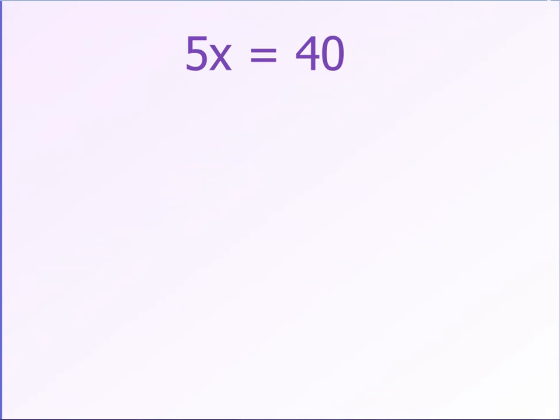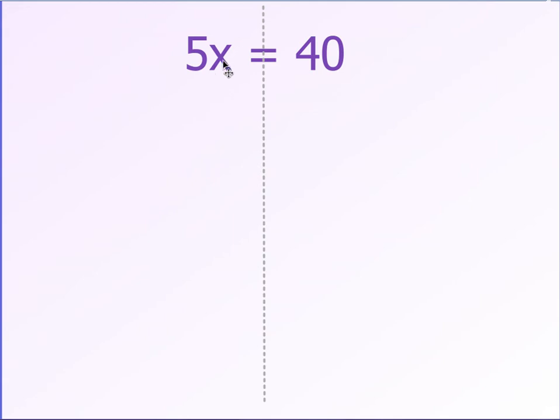Now, instead of adding or subtracting a constant, I have a coefficient. 5 times x equals 40. Again, I'm going to split my equation into left and right so that I can keep my equation balanced.